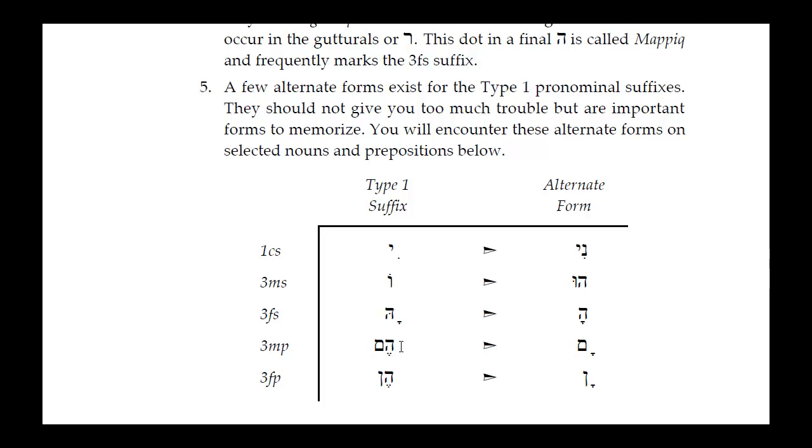Third masculine plural, we have hem, as we had before, and then we have am, and am means their or to them, or them. Depends if it's an object on a preposition or if it is attached to a noun. And we have hen, as in the type 1. Then we have an. Again, we have the mem suffix for the masculine and nun suffix for the feminine.